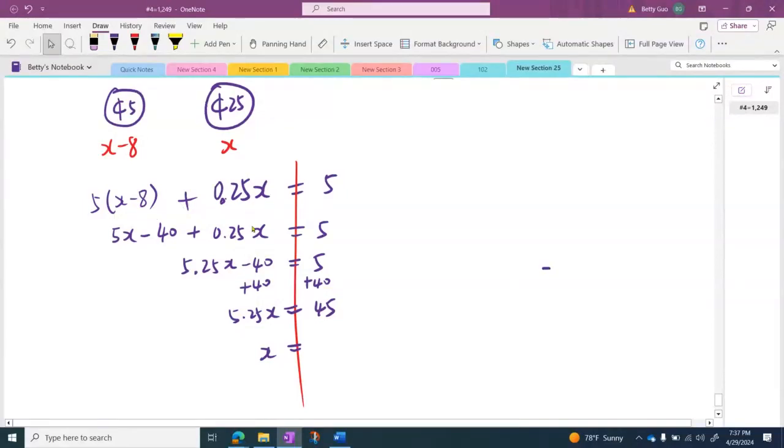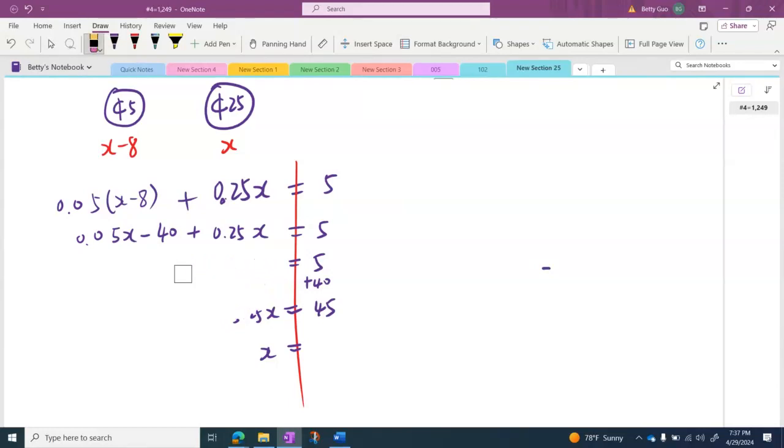Oh my gosh. Nickels, my bad. Cents, not dollars. Oops. 0.05, my bad. I apologize. The right side is 5. So 0.05 plus 0.25 is 0.3x, and 45.